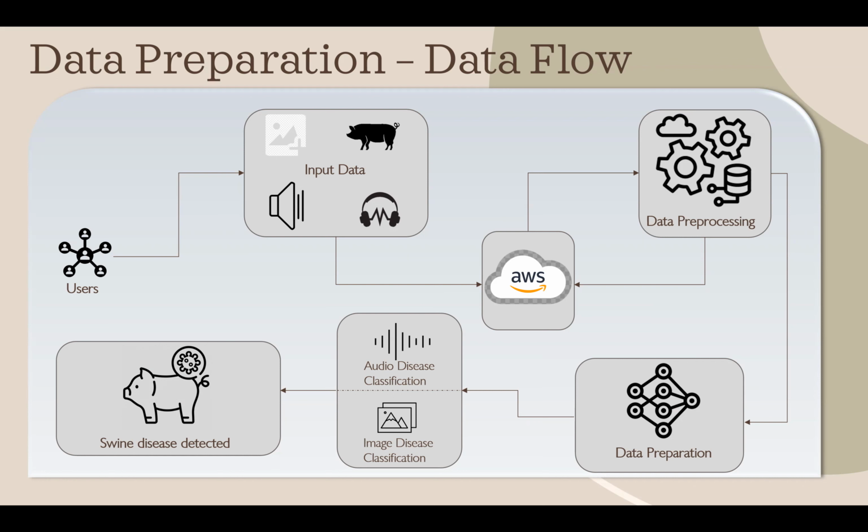This is followed by data preparation, where features of audio and image data are extracted and the data is split into training, testing, and validation sets. Then, according to the input data, the data flows into the model, either audio disease classification or image disease classification, and the output is extracted in the last stage.